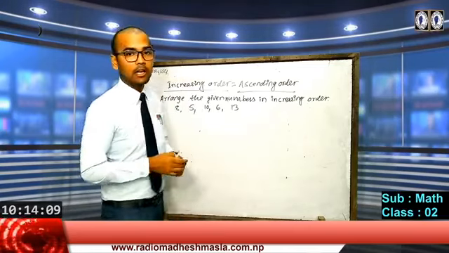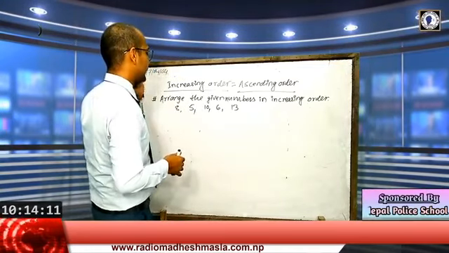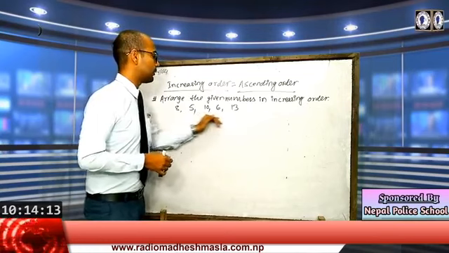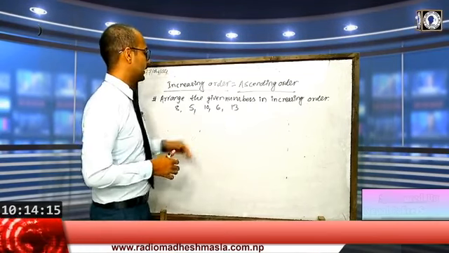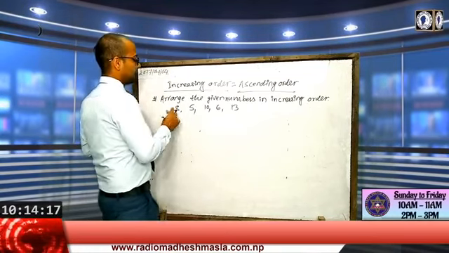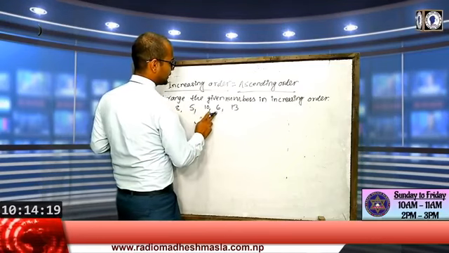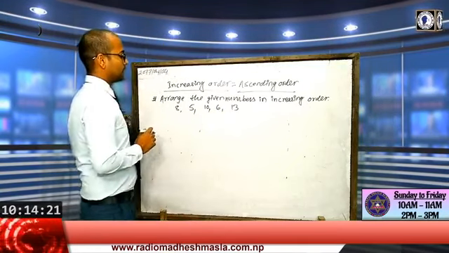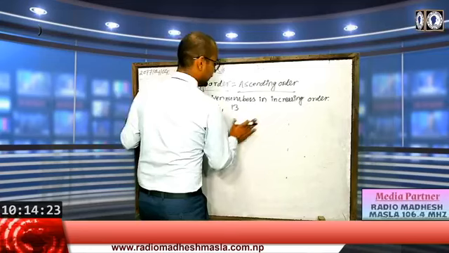So for this we find the smallest number from these 5 given numbers: 8, 5, 10, 6, 13.